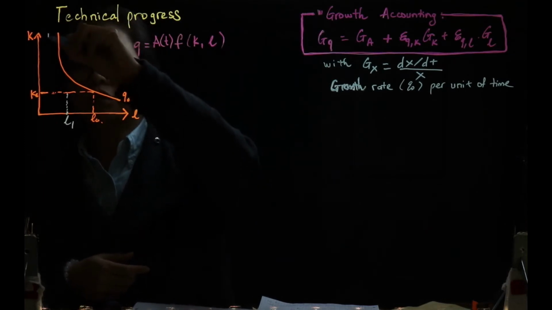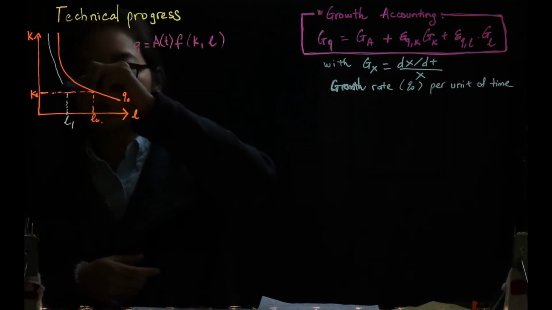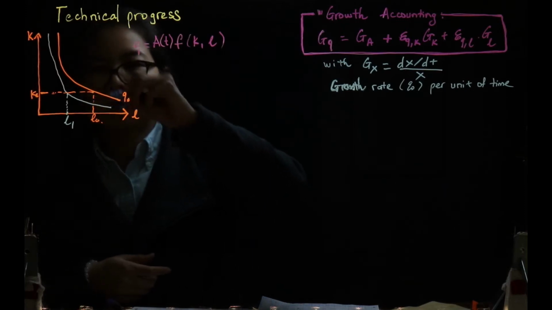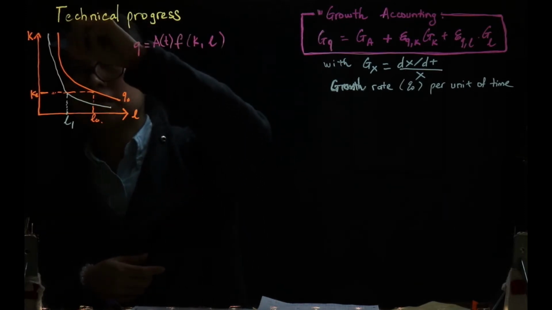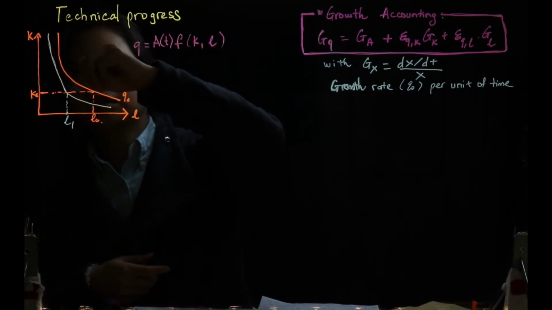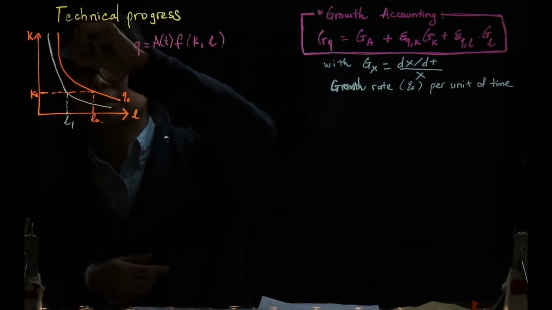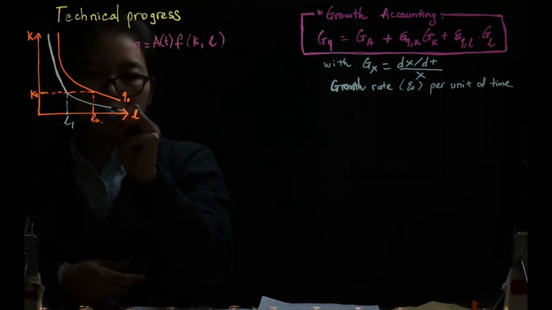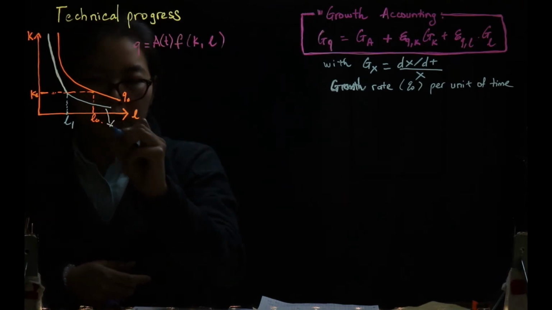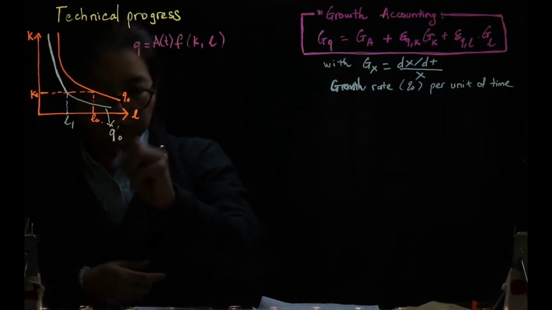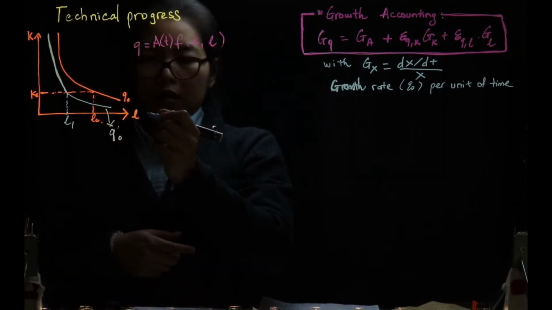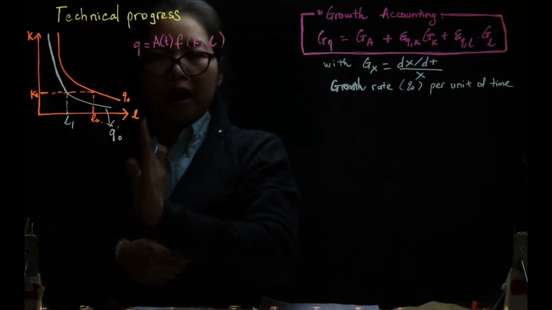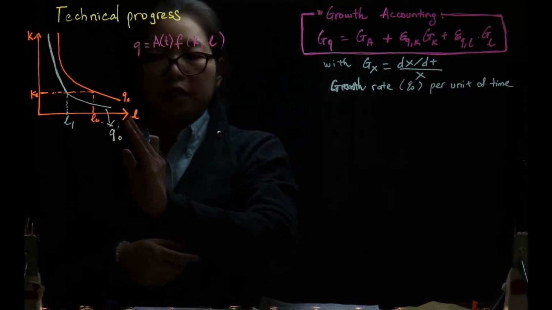How to express that? So capital remains the same as before now. We could use another isoquant. Here's not so now what I'm drawing, but let's bear with it. So this is another isoquant. However, important to note that this isoquant, let's call it Q prime 0, represents the same level of output as before, as Q0.